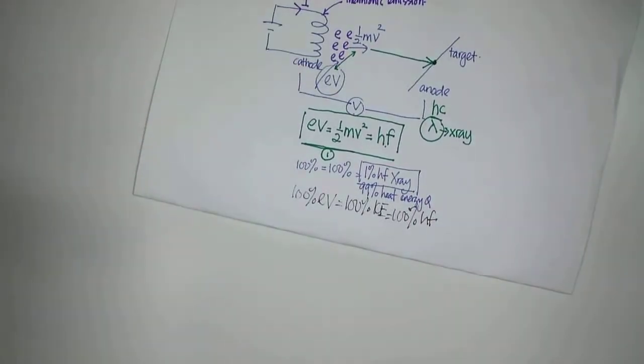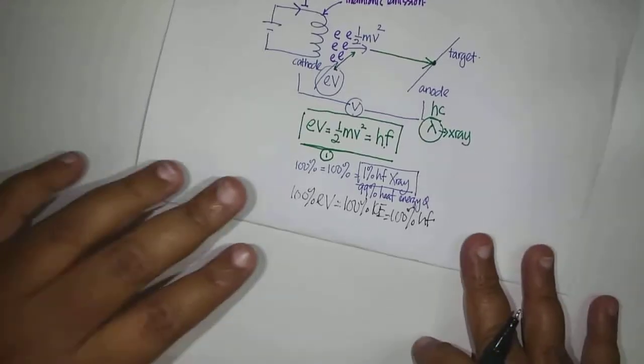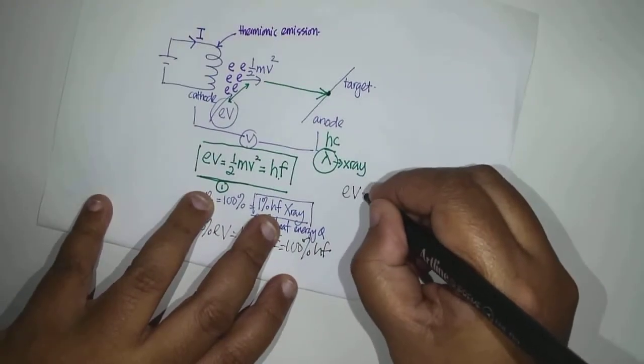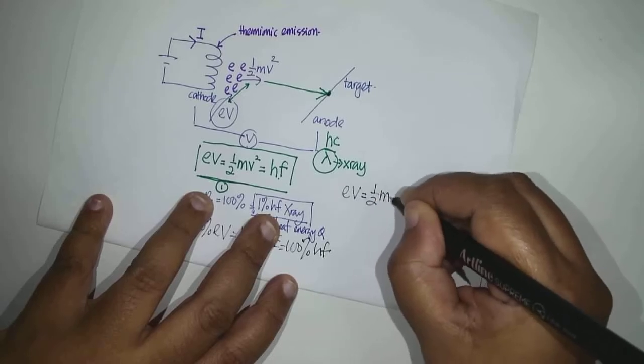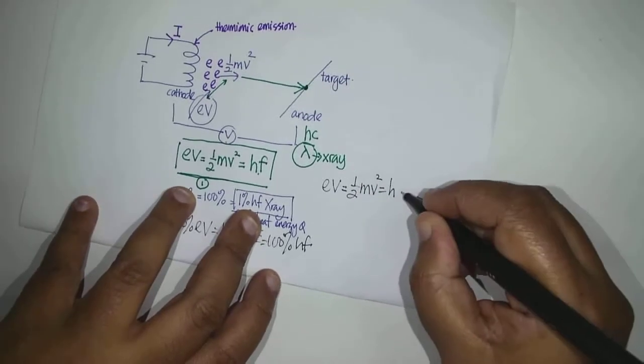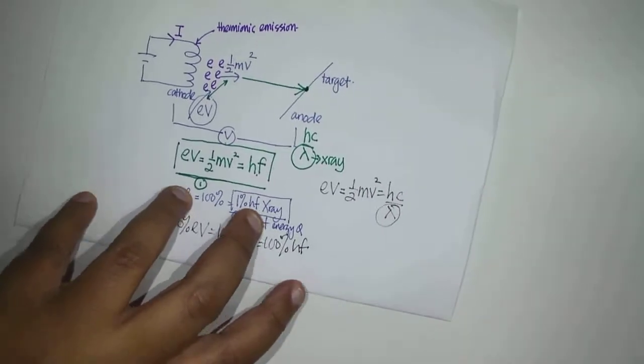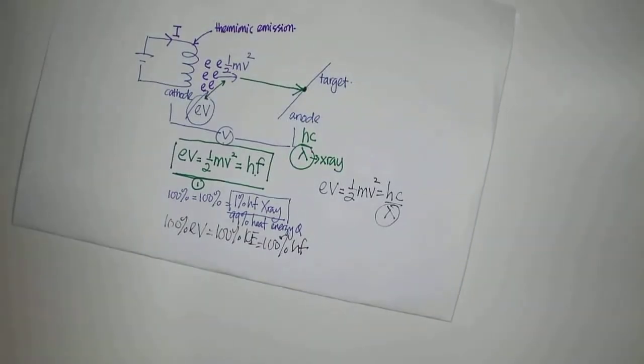So when we solve the question, we have to assume that every kinetic energy is converted into X-ray to understand the concept better. So E word equals half mv square equals HF, which is HC over lambda, and lambda is the wavelength of an electromagnetic radiation in the X-ray range.